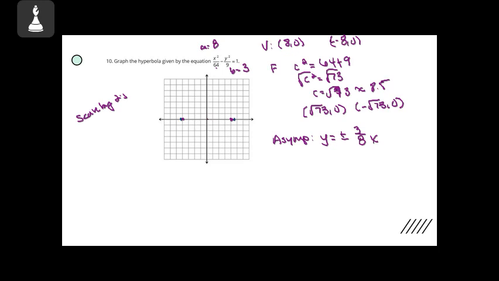Down 3 over 8. So from my vertex, I have to go up 3 and down 3 so that I can make my asymptotes through those points. And then the last thing I do is draw my hyperbola towards my asymptotes.